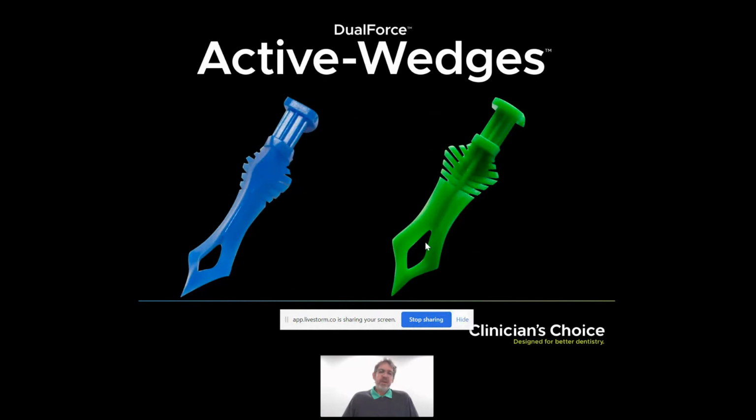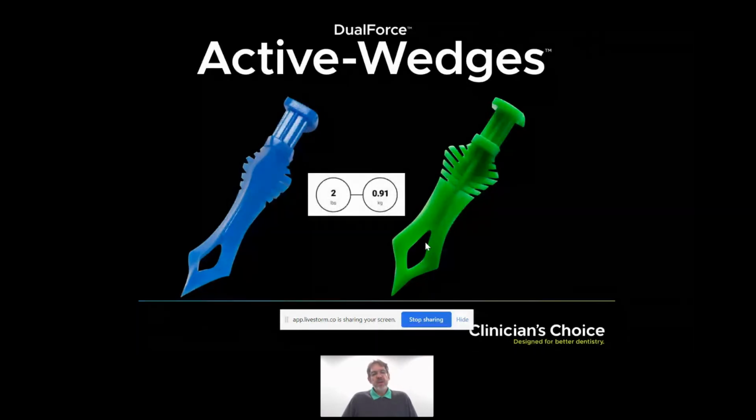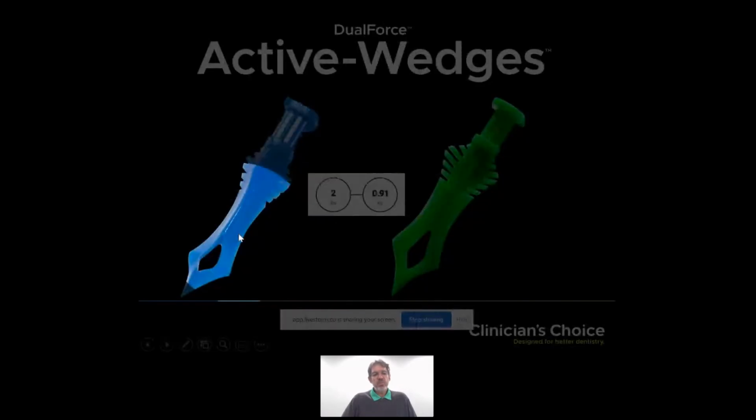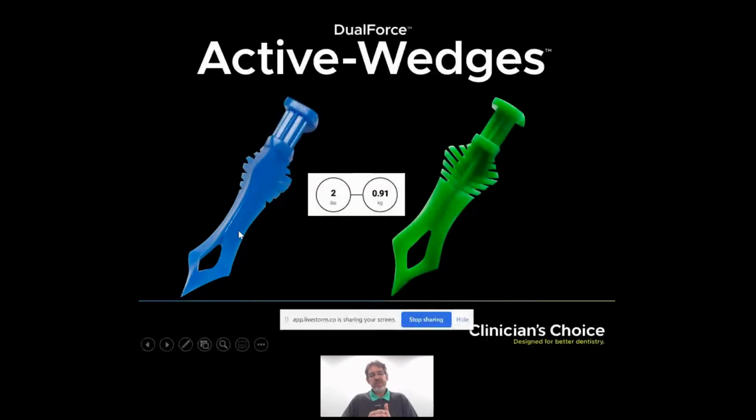Now, also what we did is we developed a very unique wedge called the active wedge. It has a little cutout here. So what happens is when you push this wedge through the embrasure area, that collapses. But once you've gone through, it springs back so as to prevent the wedge from walking out of the embrasure area.